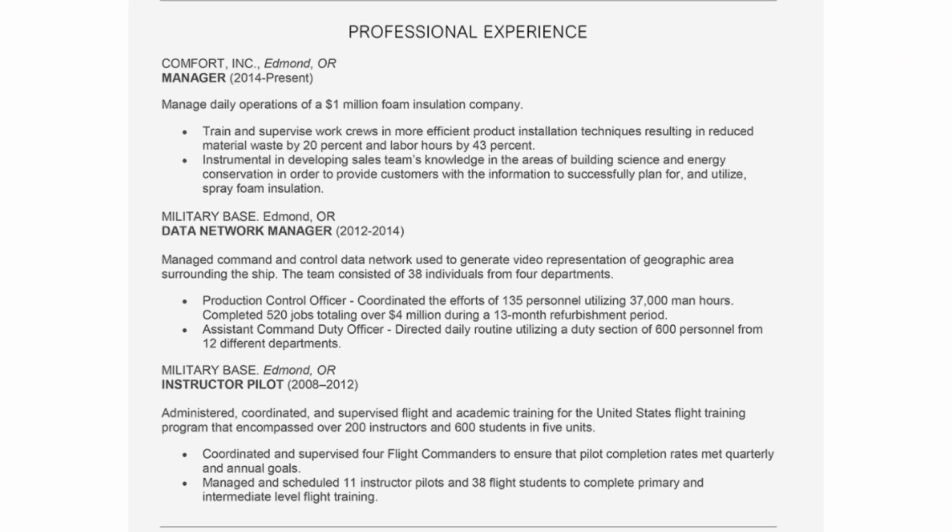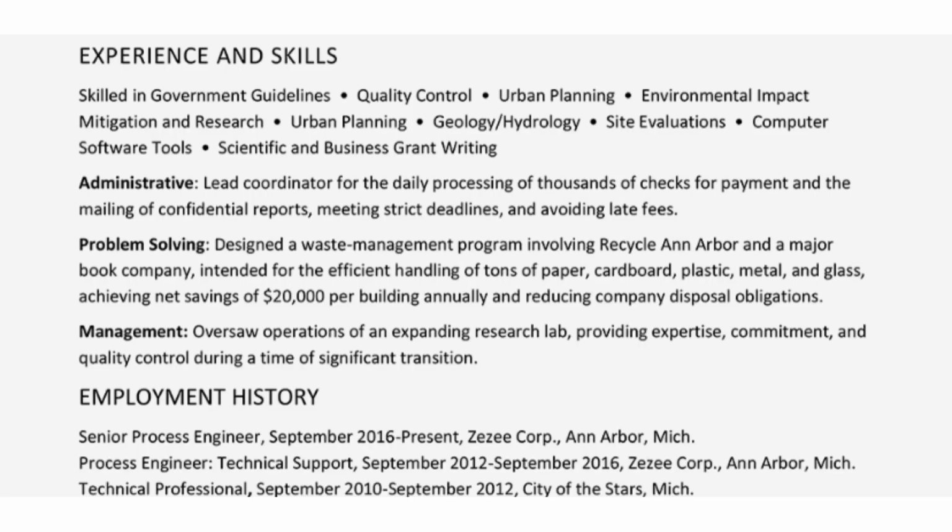So this is an example, guys, of a chronological format. As you can see, the date of employment is listed right here. You can see that this person did this job throughout that time and for this company. And that is how many persons choose to write their resume. So this now is an example of the functional format.